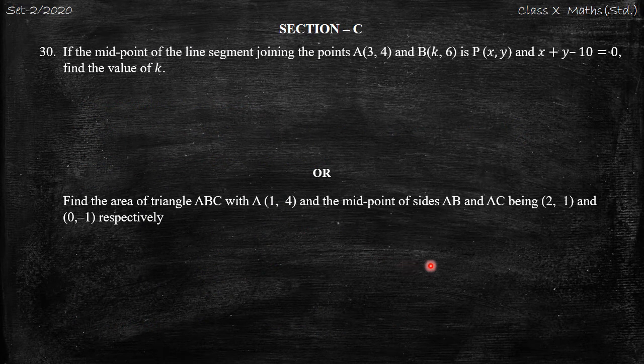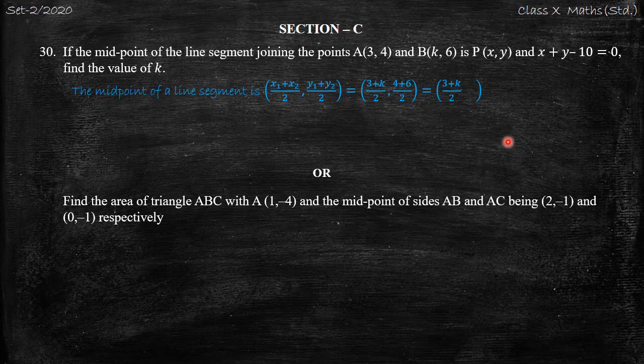Okay, this is on coordinate geometry. The question here: you can see that the midpoint is given as x, y, and the endpoints are there with k, so you need to find the value of k, and there is a relation also. You know the midpoint formula. Equate to the data given here and equate to x, y.